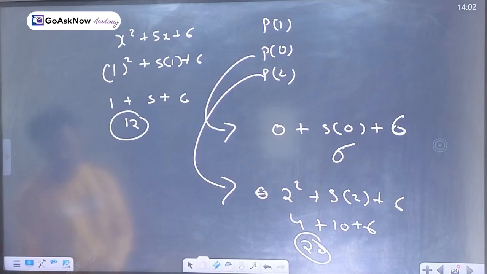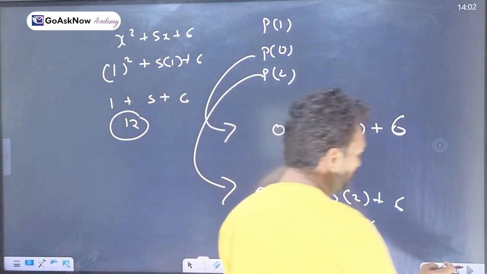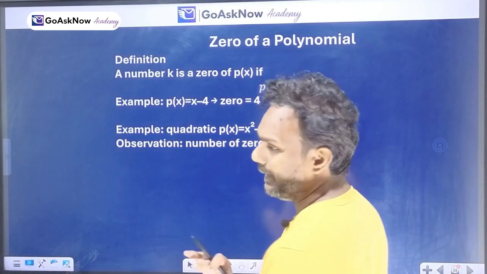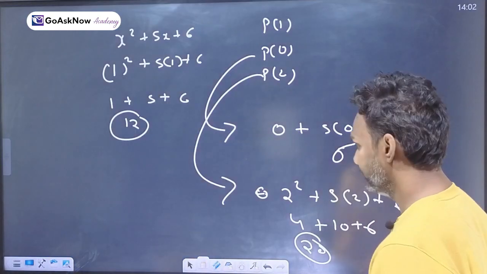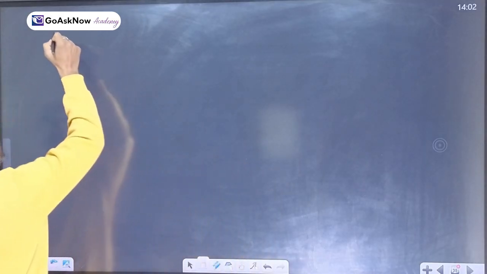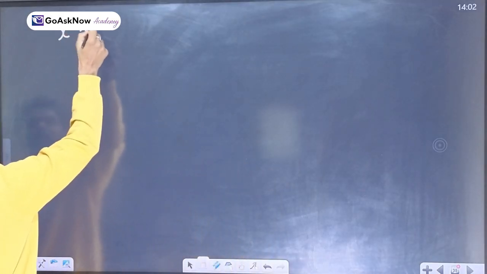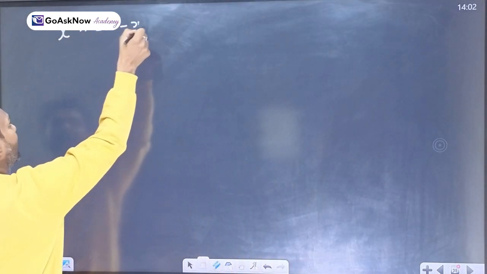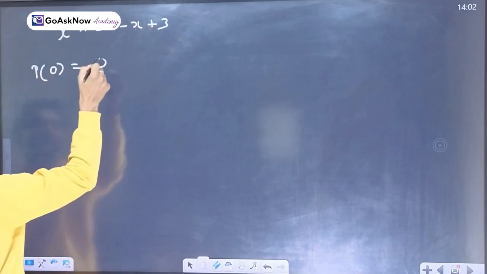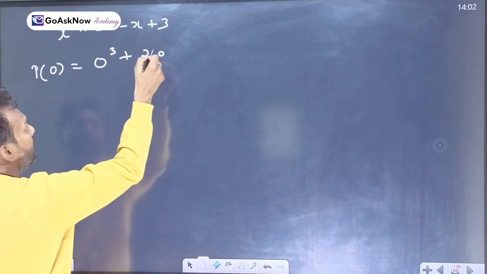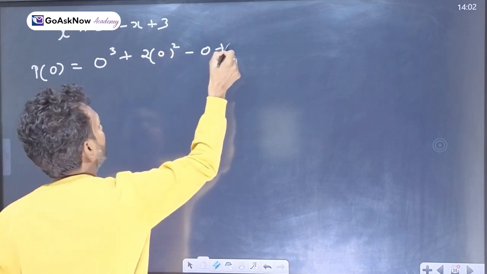Now we are going to do an example of a cubic equation also, because class 10th is limited to cubic equations only. x cube plus 2x square minus x plus 3. Find P(0). P(0) means 0 cube plus 2 into 0 square minus 0 plus 3.